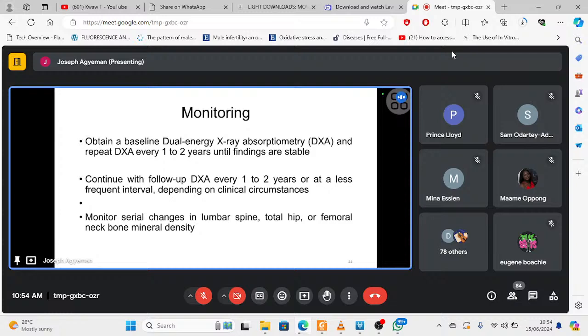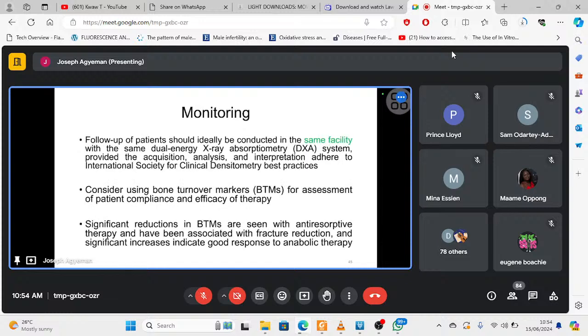And also monitor changes in lumbar spine, total hip or femoral neck bone mineral density, of course. These are the key areas where you have problems. So you monitor by using dual energy X-ray absorptiometry. But there is an issue with this measurement. If you change the machine from the one that you used for the baseline, another machine can give you different results that you can't compare to the first one that you did with a different setup.